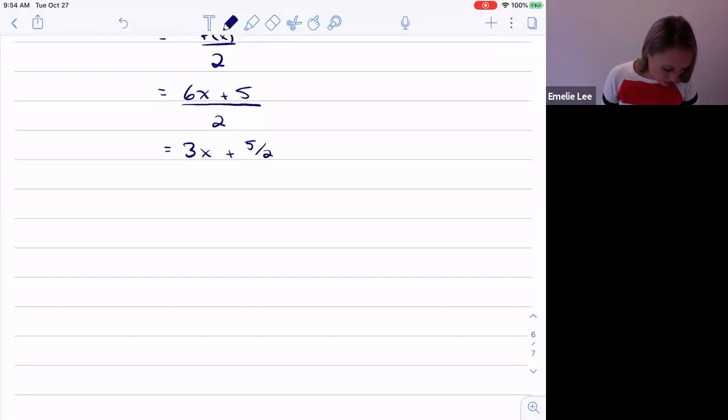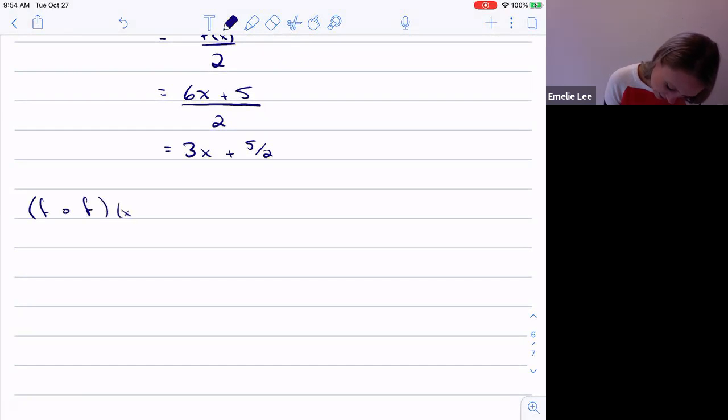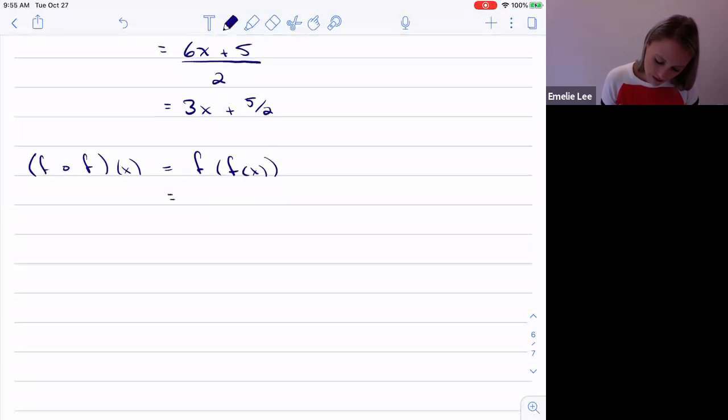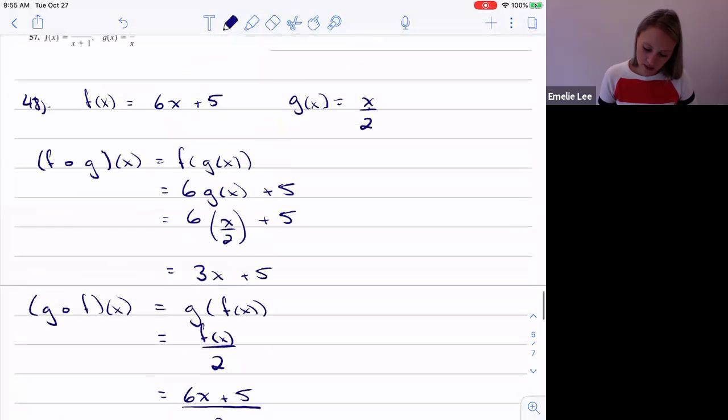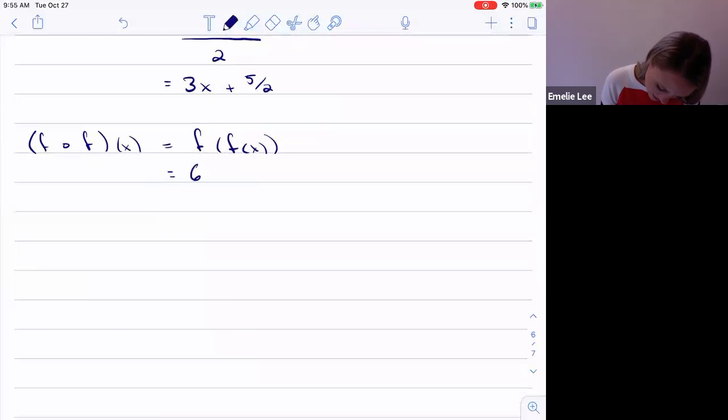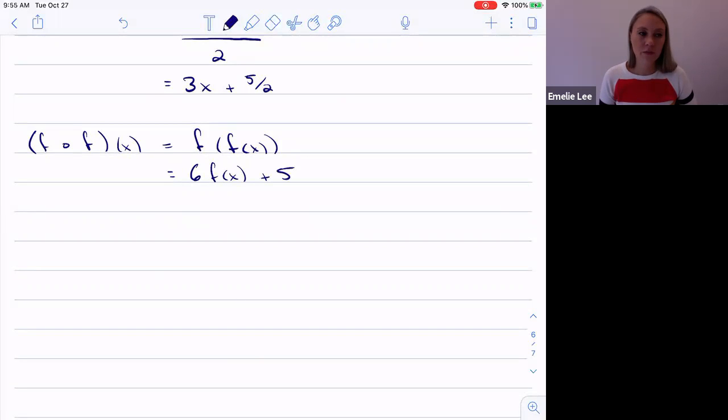The next one we wanted to do was f composed with f of x. A little bit strange, right? But it becomes f of f of x. So f of x is 6x plus 5, right? But I'm going to replace x with f of x. And so I get 6 f of x plus 5. Right?